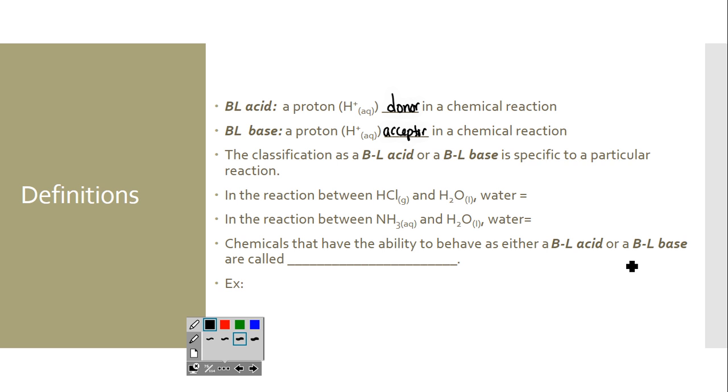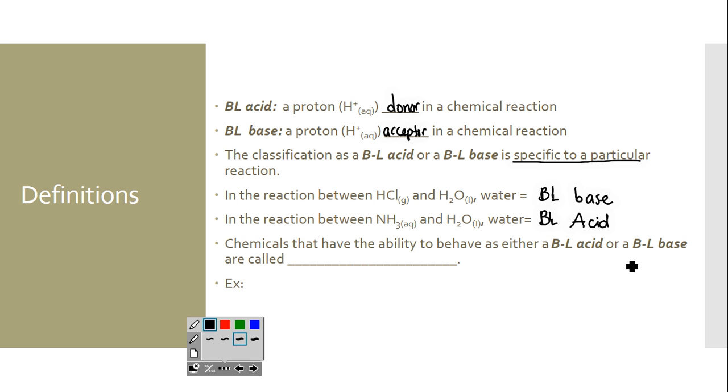Classifying things as Bronsted-Lowry acids or bases is specific to a particular reaction. So for example, in the reaction where I had HCl and water, water was the Bronsted-Lowry base. But in the reaction where I had ammonia and water, water was the Bronsted-Lowry acid.